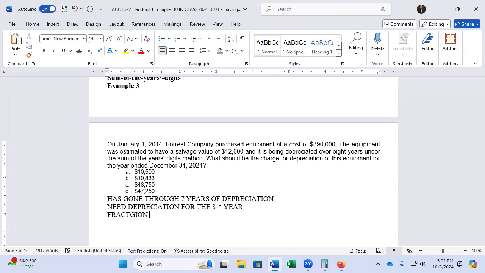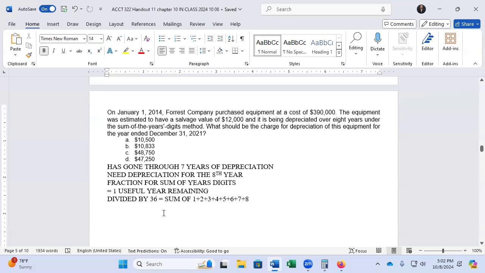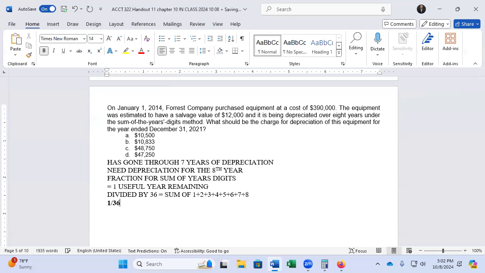The fraction for sum of the year's digits equals the useful years remaining, 1, divided by 36, which equals the sum of 1 plus 2 plus 3 plus 4 plus 5 plus 6 plus 7 plus 8. And so 1 divided by 36 is the rate.